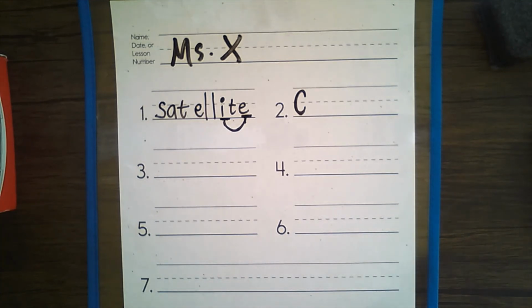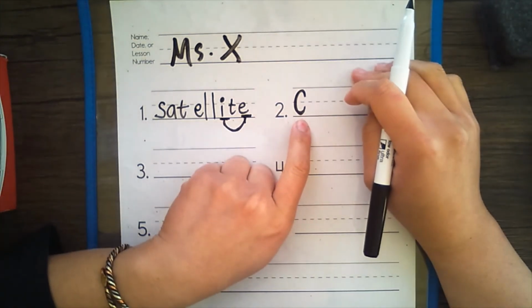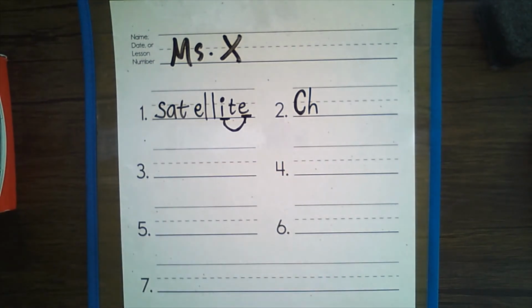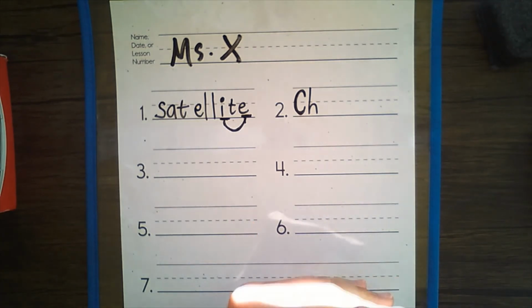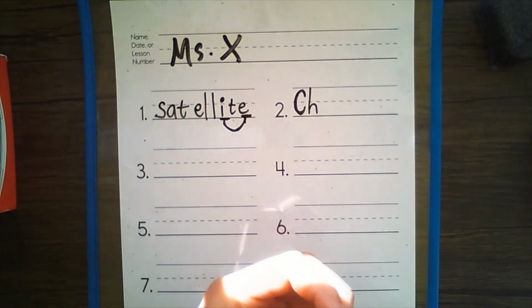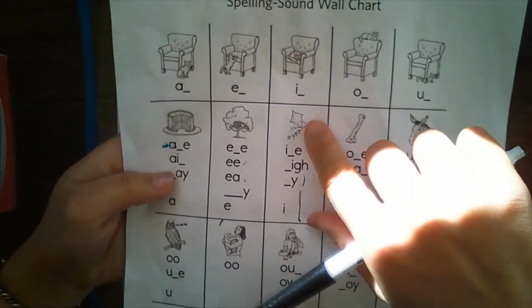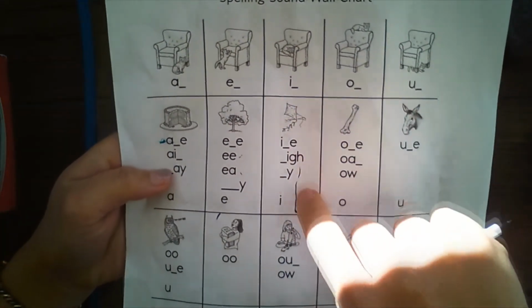Okay. Now, so we capitalize the first letter, and we also have the ch sound. So we're going to write that down. And then now we're going to go ahead and take a look and figure out which spelling of the I we need to write. So, take a look at the picture of the kite because these all make the I sound.